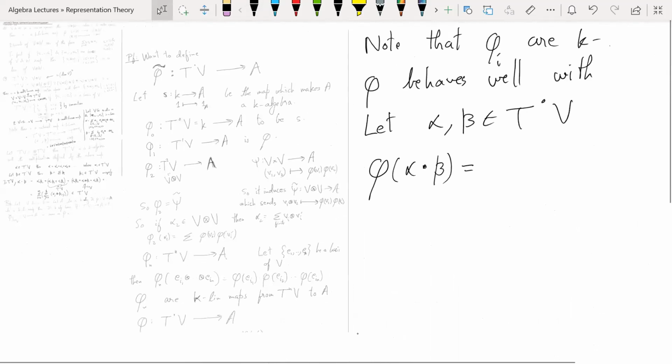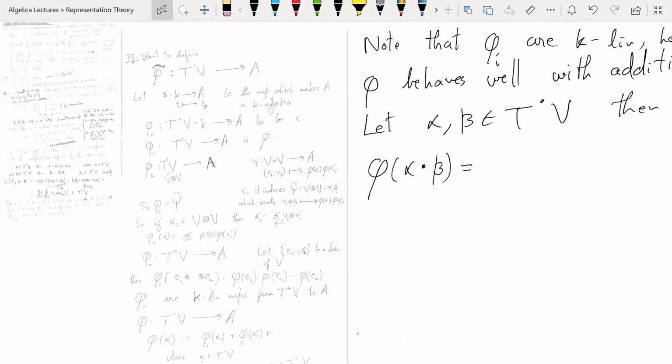This is the sum over i equals 0 to infinity of the sum over j equals 0 to i of alpha j tensor beta i minus j. So it's phi of this whole thing.